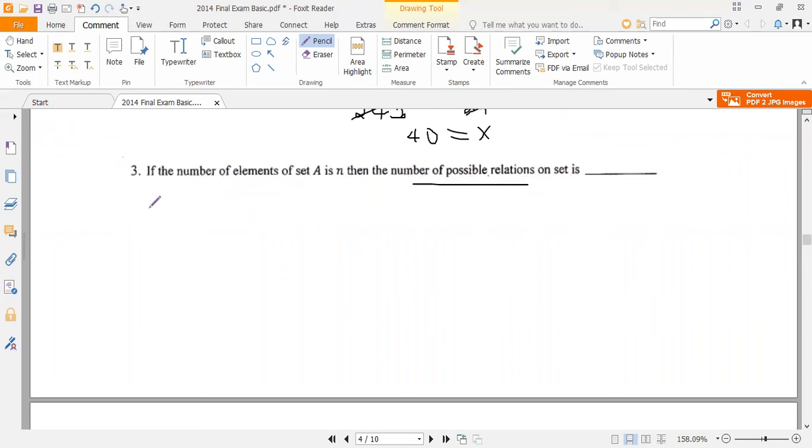Assume we have sets A and B, where A has k elements and B has m elements. Then we look at the number of elements of A cross B.